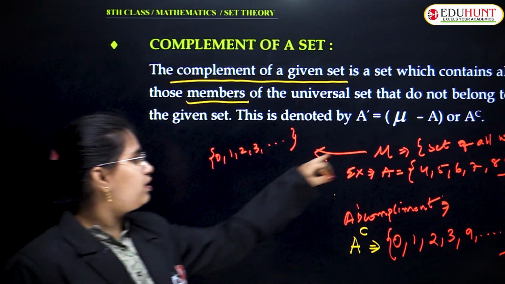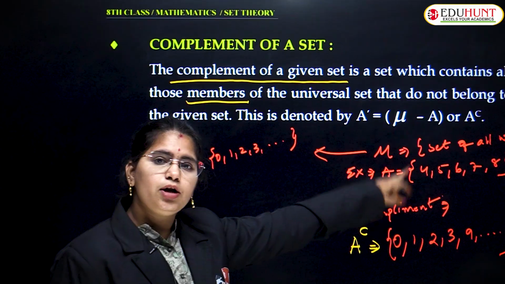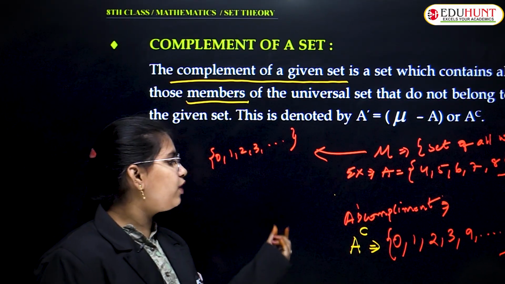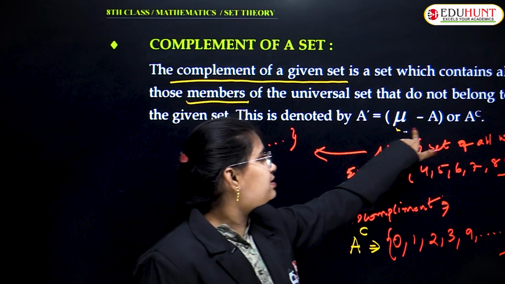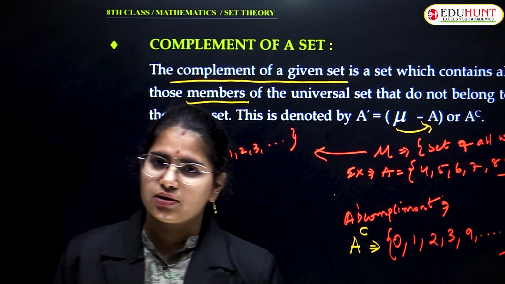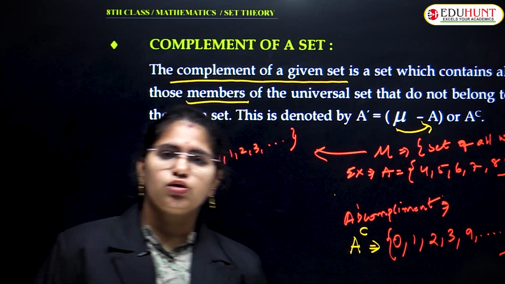So actually we write down the universal set, and the elements which do not belong to the given set come under A complement. So how will you define it? Universal set minus given set is nothing but A complement. Please take a note of it. Understood, guys? Am I clear?